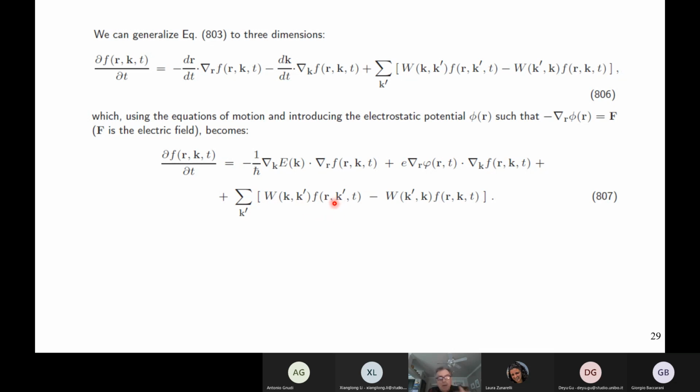But we will have to do a configuration average over the positional impurities.